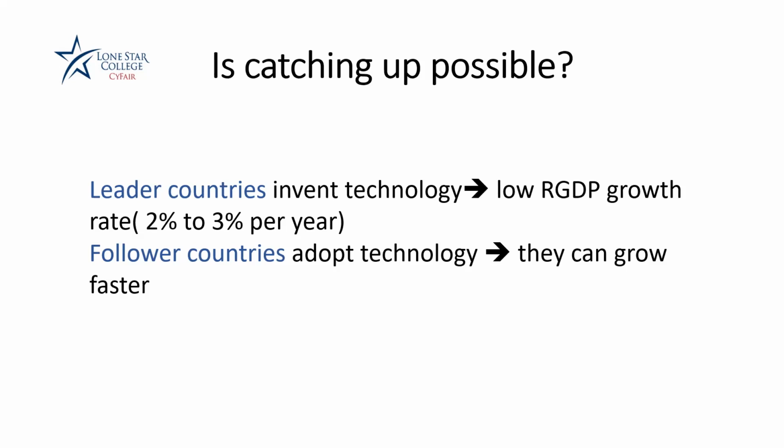But of course, here is a catch. This is just a theory, but let me tell you the reality. Many of these follower countries cannot even adopt the technology, unfortunately. We're saying in theory that it's easy. If they adopt them, they can grow because they have the potential, they have a low level of capital. But if people are not educated in these countries, if they're not experienced, even if you give them the latest technologies, if they don't know how to use them, there's no way for them to produce more goods and services and start that process of industrialization and capital accumulation.